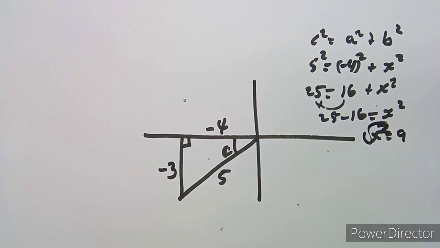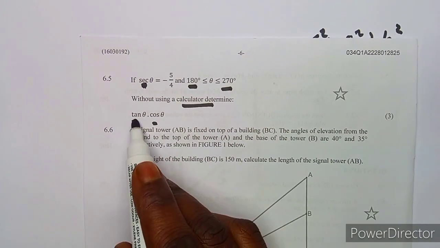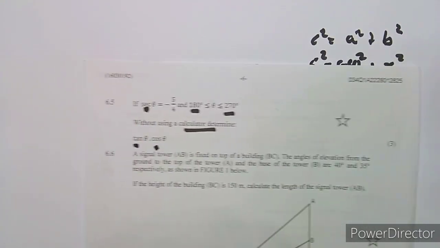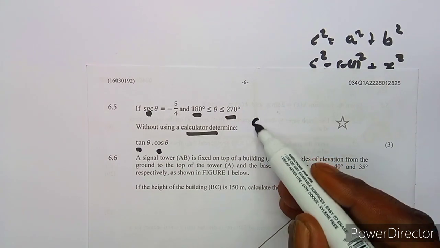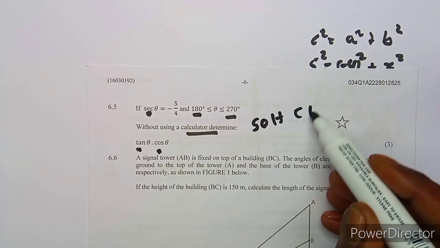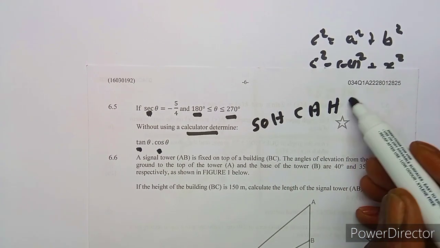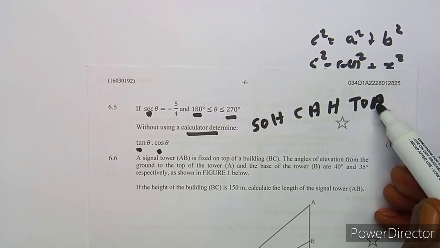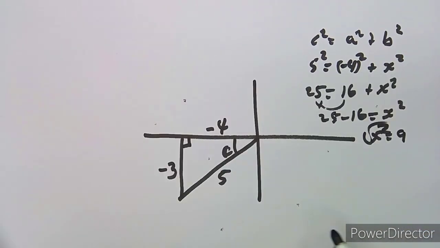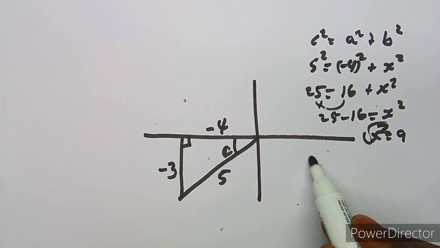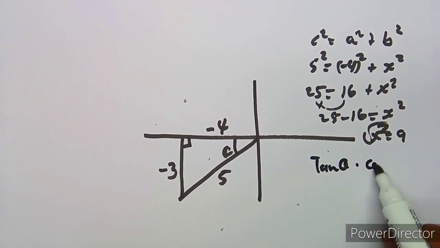All right, so now the question is, from this triangle that we have, what is tan theta times cos theta? So remember tan, guys, from your SOH CAH TOA. Tan is opposite over adjacent. So tan theta times cos theta is going to be like this.